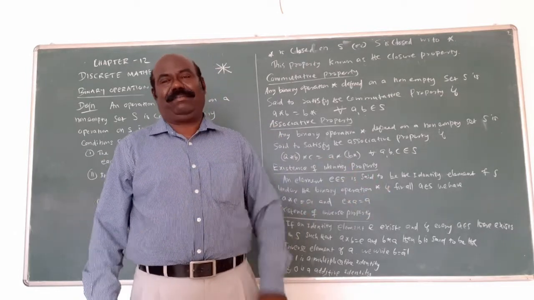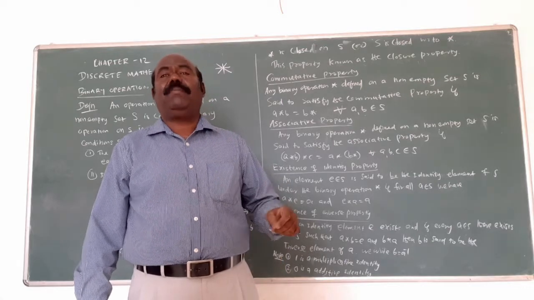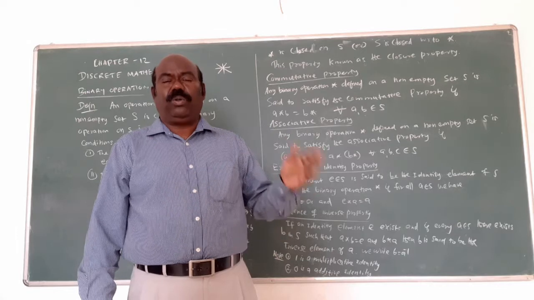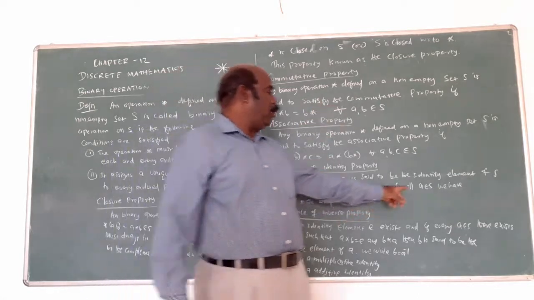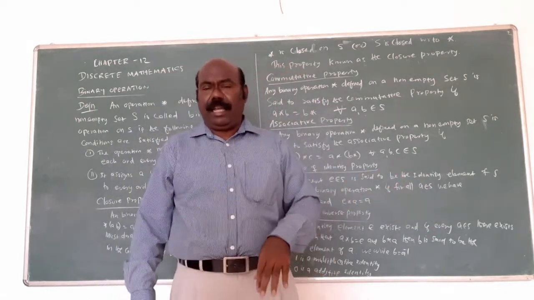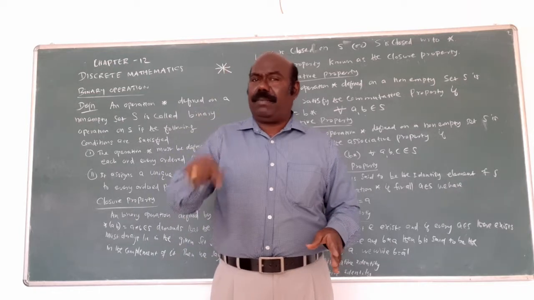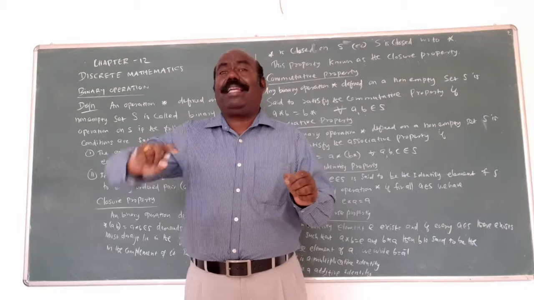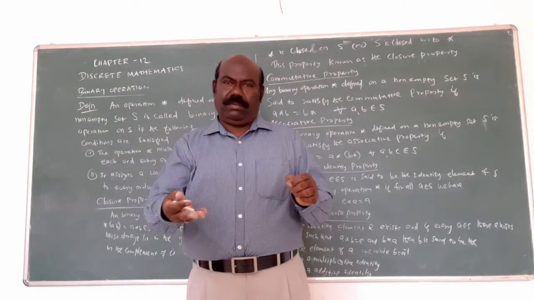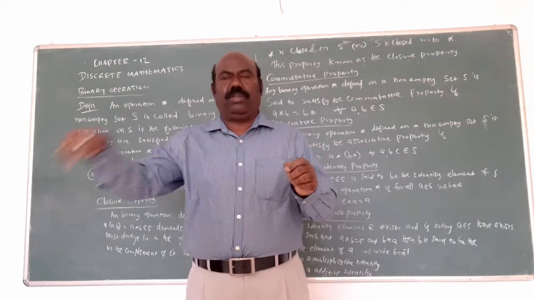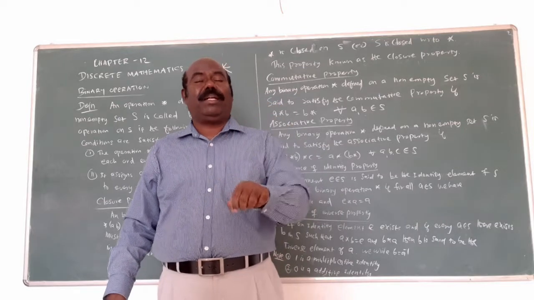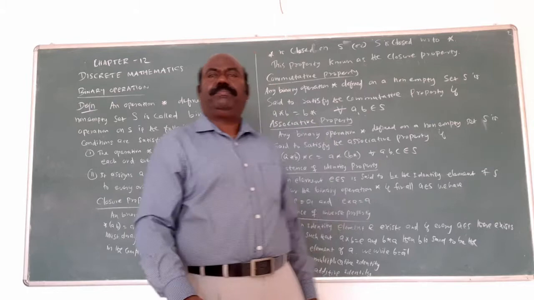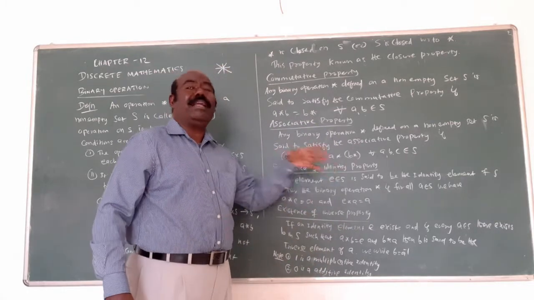You want to guess the identity element. 2 is there, and e is the identity element. 2 into which number will give again 2? Only 1. Then 2 ones are 2, so 1 is the identity element. In the reverse process, 1 twos are 2. The same thing will be done. This is called the identity element.